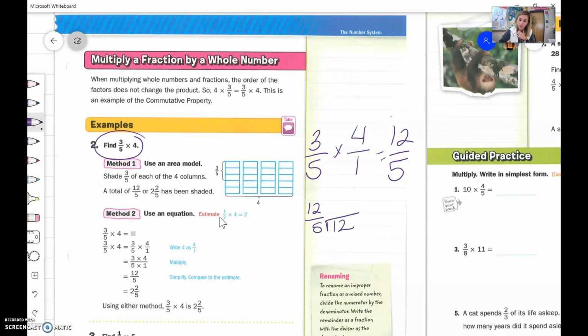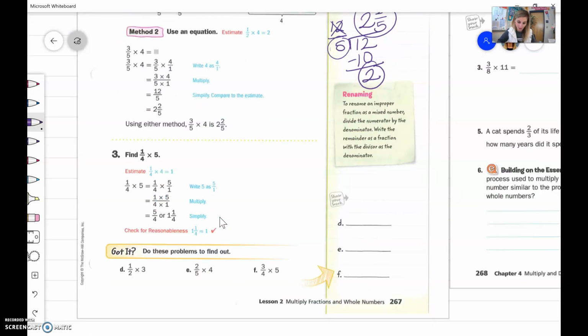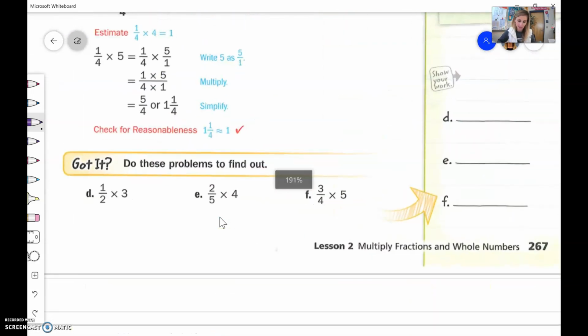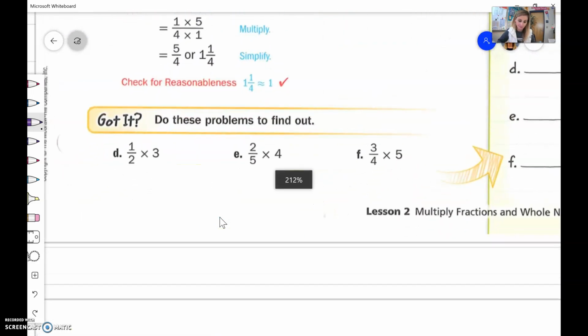And I know that I can take 2 groups out of 12, which gives me 10, and I'm left with 2. That 2 now becomes my numerator, and my denominator stays how it was at the beginning, which was 5. So 2 and 2/5. All right, let's take a look at these for example.